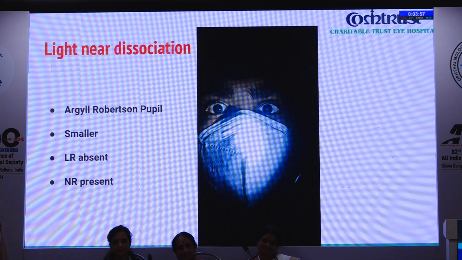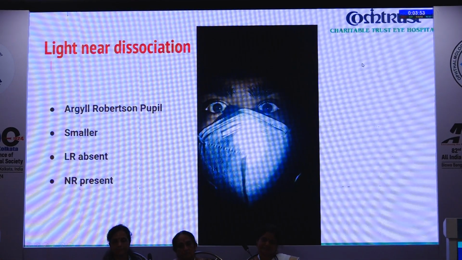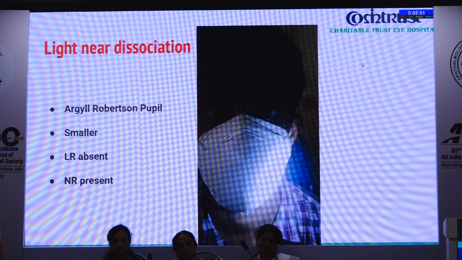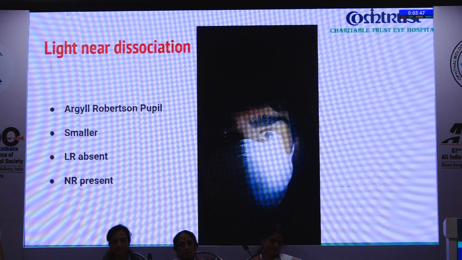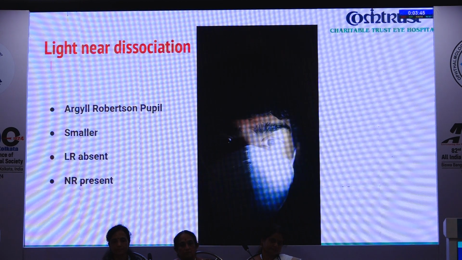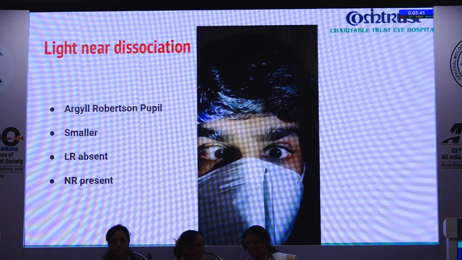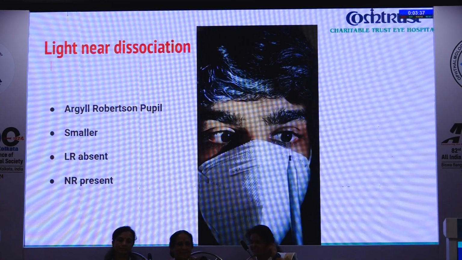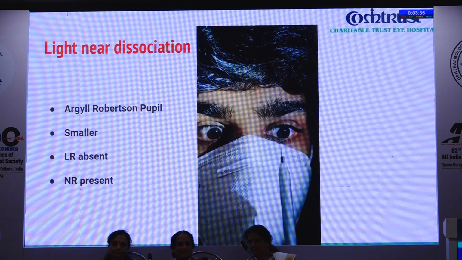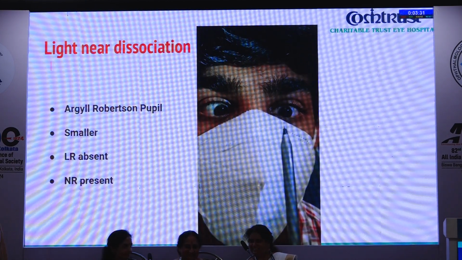Another case that we see in our clinic is light-near dissociation, called Argyll Robertson pupil. We see that the size of the pupil is smaller. The light reflex is absent in this case, but when we ask the patient to converge, the near reflex was present. This was a 16-year-old male who presented with headache.